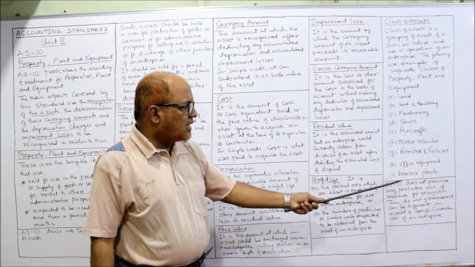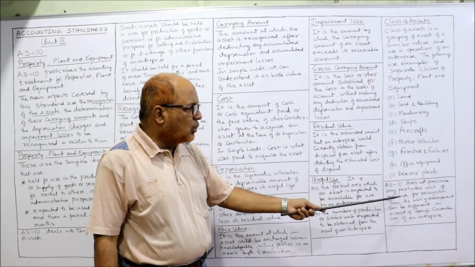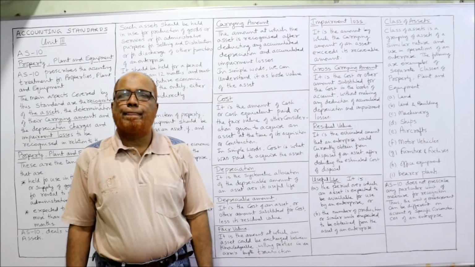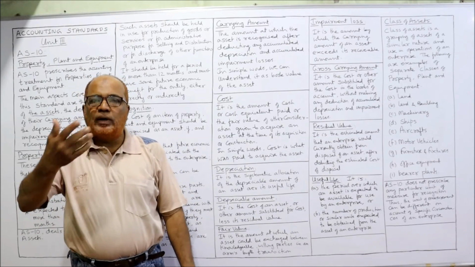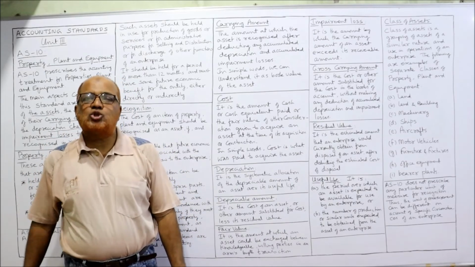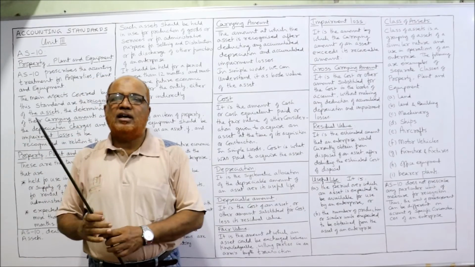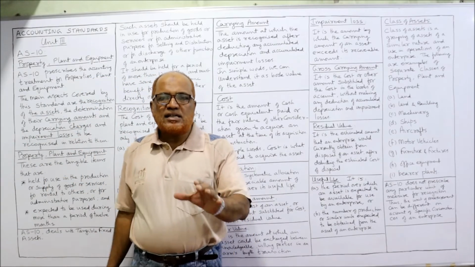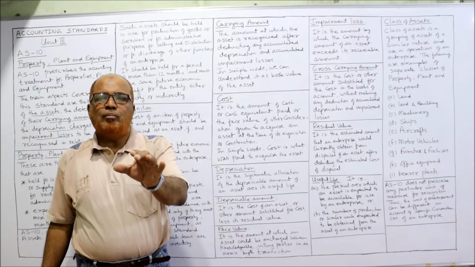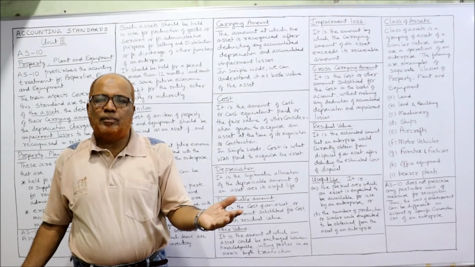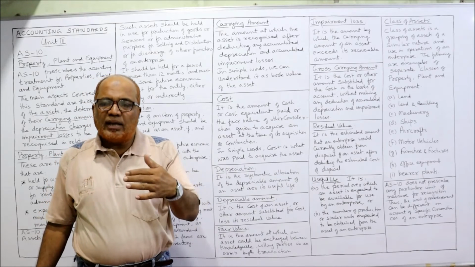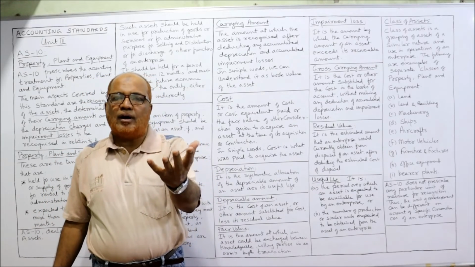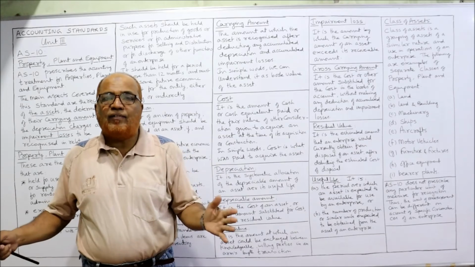Lastly, AS10 does not prescribe any particular unit of measure for recognition. When assets are to be recognized, in what units, in what terms it should be recognized, it is not given in AS10. AS10 says whatever unit of measurement you take, you can take, because every business has different nature. So according to the nature of the business, the unit of measurement will differ.